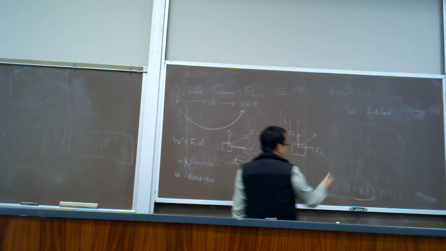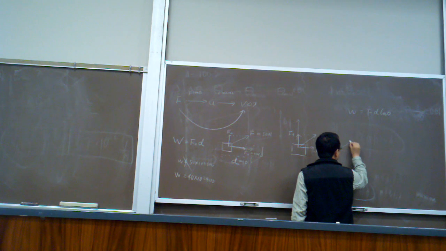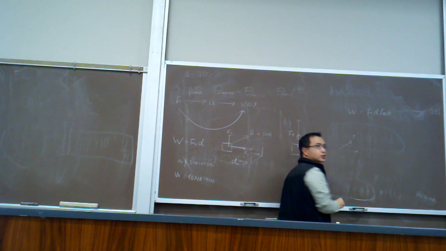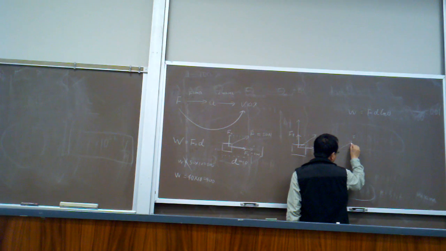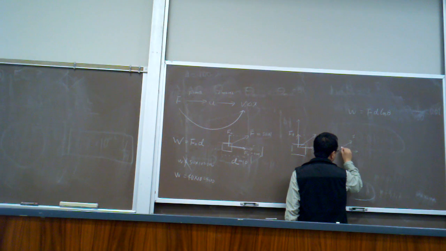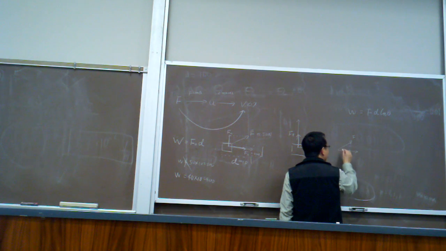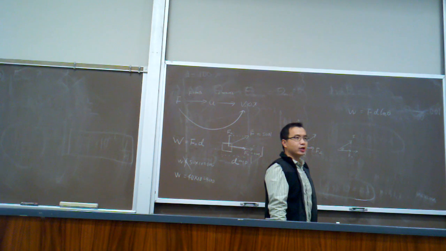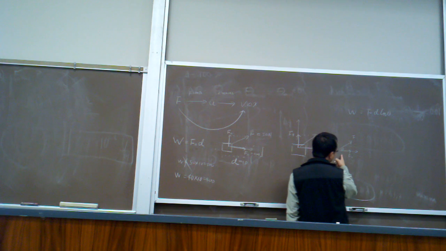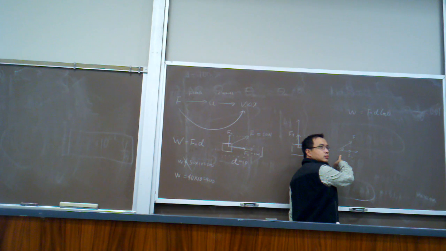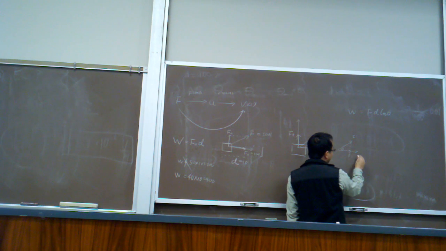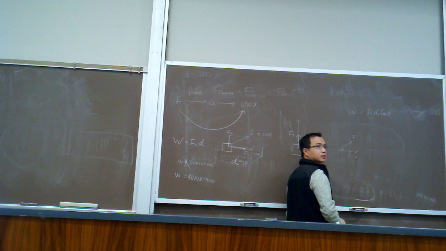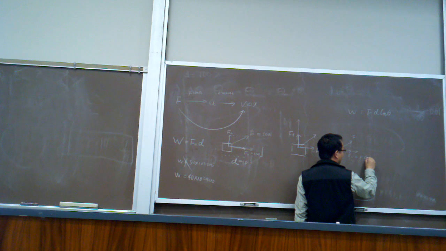If the motion is in this direction, for example, and the force F is in this direction, and we try to find the parallel component, F parallel, and we know the angle between the force and the direction of the motion is theta, then by the standard rule of vector decomposition, this component should be written as F multiplied by cosine theta.